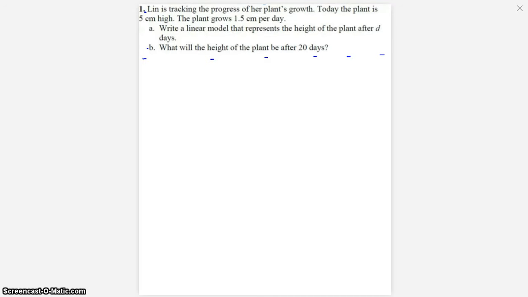Practice problem 1 for turning this story problem into a linear equation. And let's just review our notes. Remember, we need to find our slope or our rate of change.